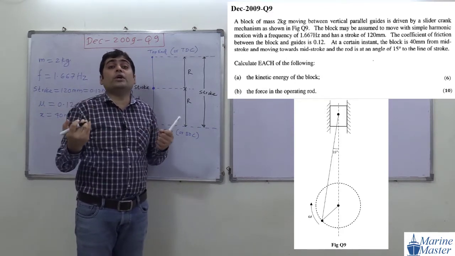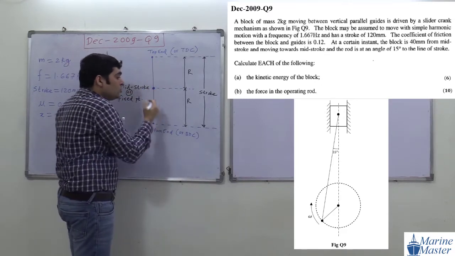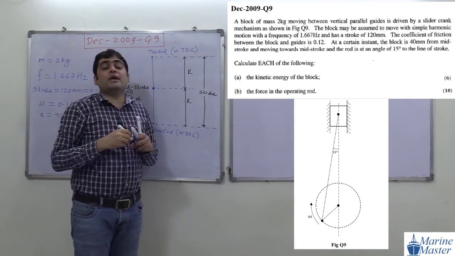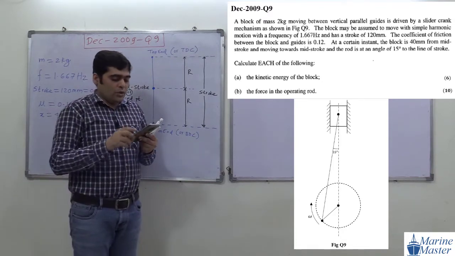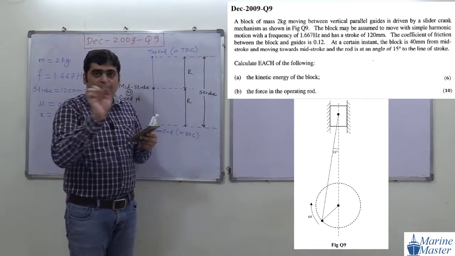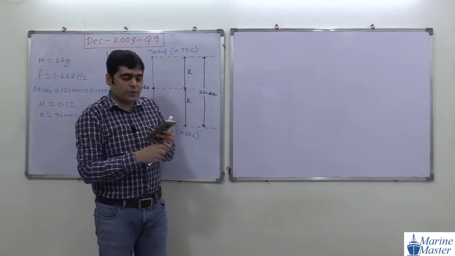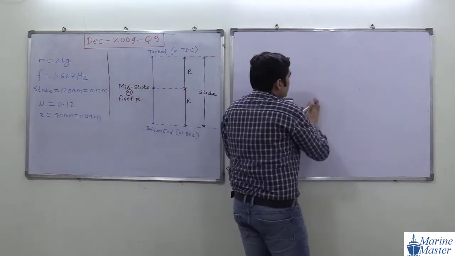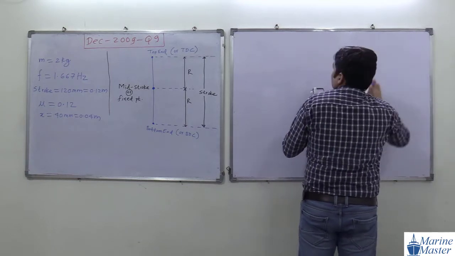Is it above the mid stroke or below the mid stroke? For that purpose we are going to see the slider crank mechanism diagram that is given in the question. Now I am going to draw that drawing. See this drawing, it is very important to us.